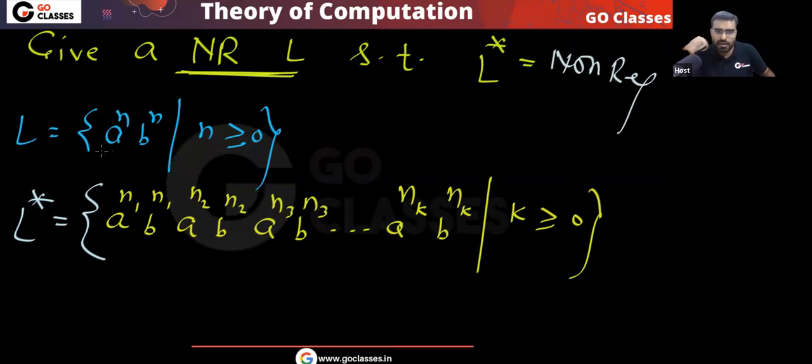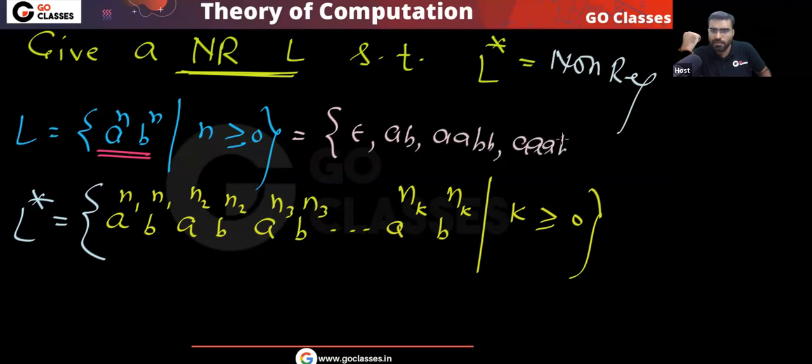See, this is your L. In this language L, you have this type of strings: AB, AA, BB, AAABBB.